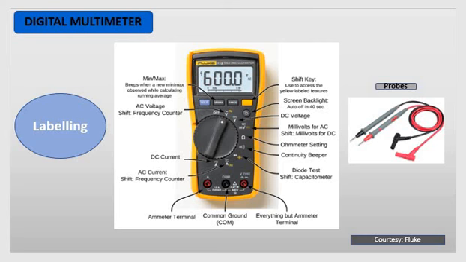These test leads are flexible insulated wires. As we know, red is for positive and black is for negative, and they plug into the digital multimeter here. They serve as the conductor from the item being tested to the multimeter. So this is the main function of the probe.